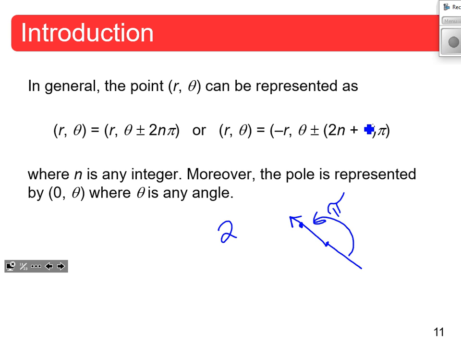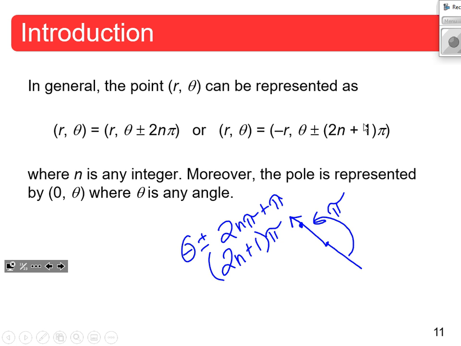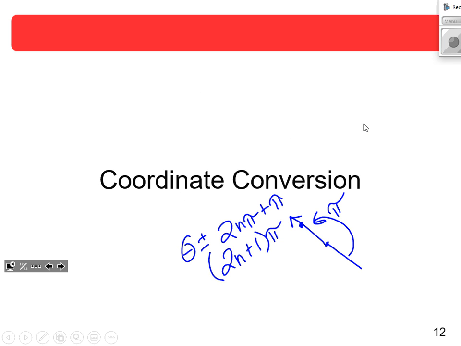So really we're saying theta plus or minus 2n pi plus pi. Well, we can factor the pi out, which would just be 2n plus 1 times pi. So it's just representing that movement of 180 degrees. Does that kind of make sense? Yes? Got it for the most part?